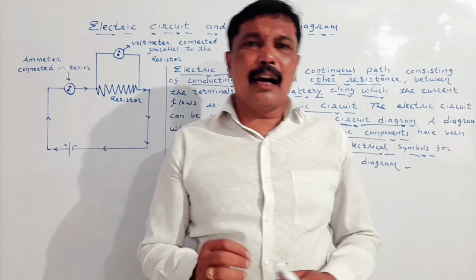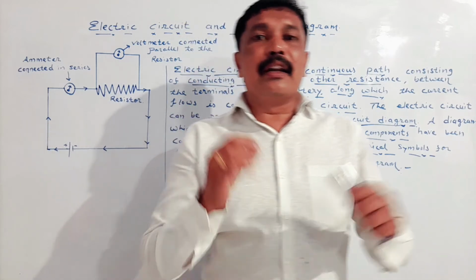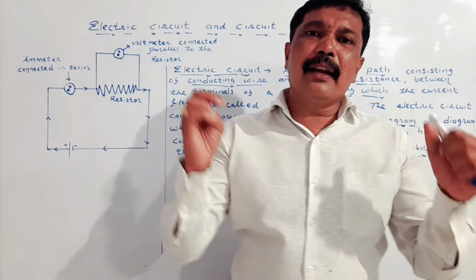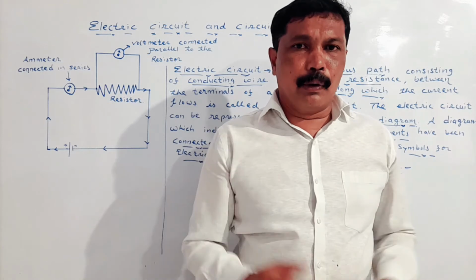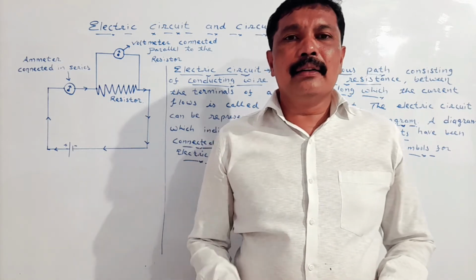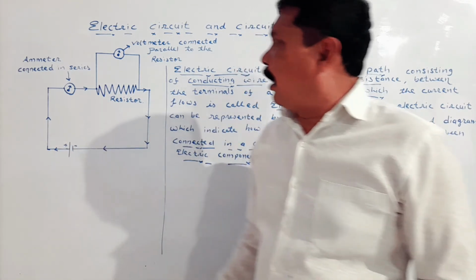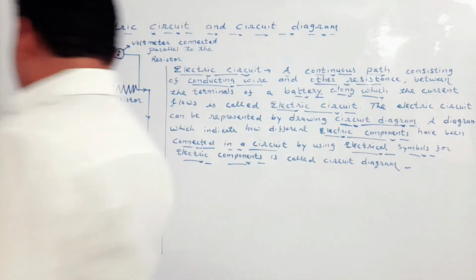A circuit diagram consists of different components and a connecting wire represented in the form of symbols. Let's study one example of circuit diagram.